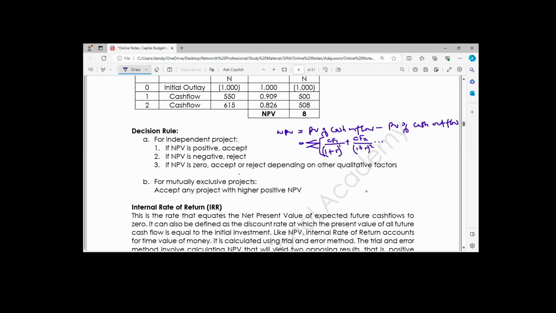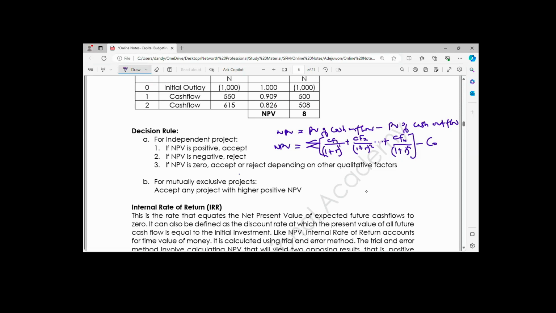Then when you get to the final year, of course, plus the cash flow of the final year divided by 1 plus cost of capital, the discount factor of the final year. So when you have this, you need to less it out from the present value of cash outflow, which is your initial outlay, CO. So the difference between the present value of cash inflow and present value of cash outflow will give you your net present value. This is the formula for calculating NPV.